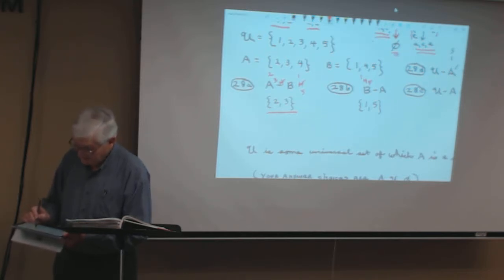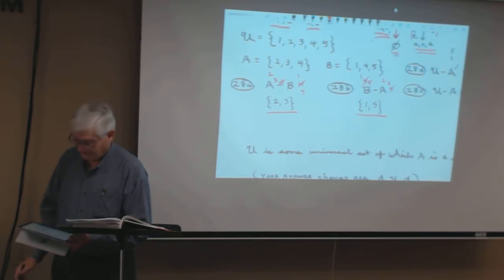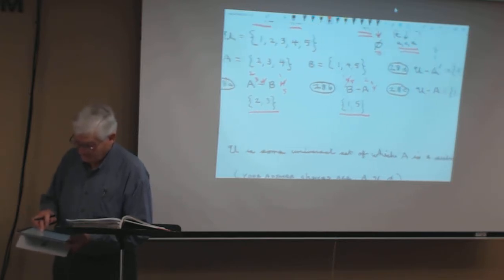What's A? 2, 3, 4. What's this minus this? This 4 subtracts. Nothing else does. So the answer is the set whose elements are 1, 5. This is kind of fun.